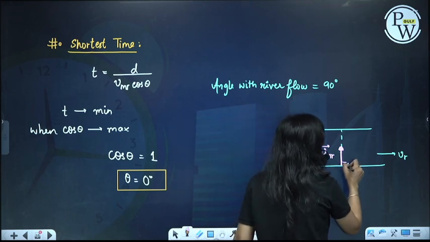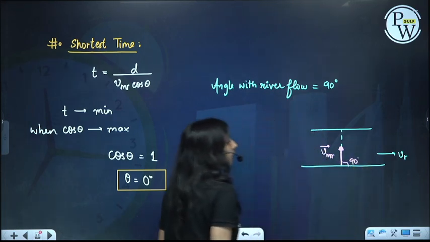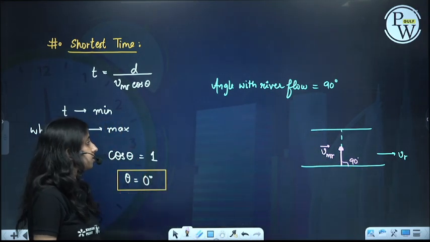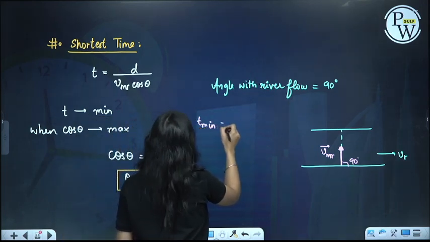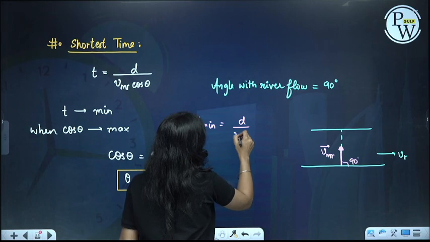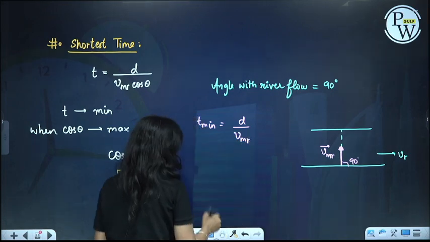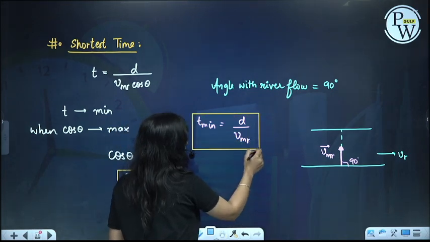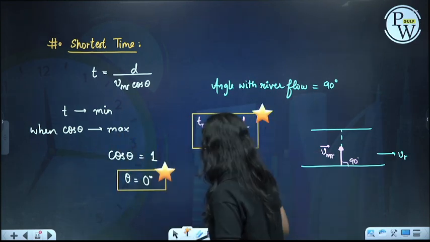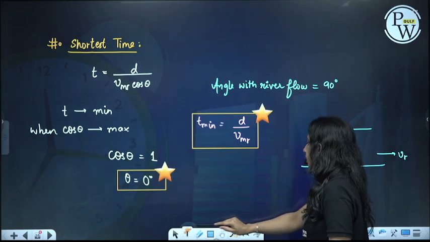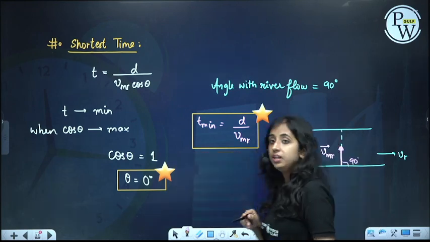So angle with river flow is 90 degree and angle with the vertical is 0. And what will be the minimum time? It will be d divided by VMR. So this is the case of minimum time.